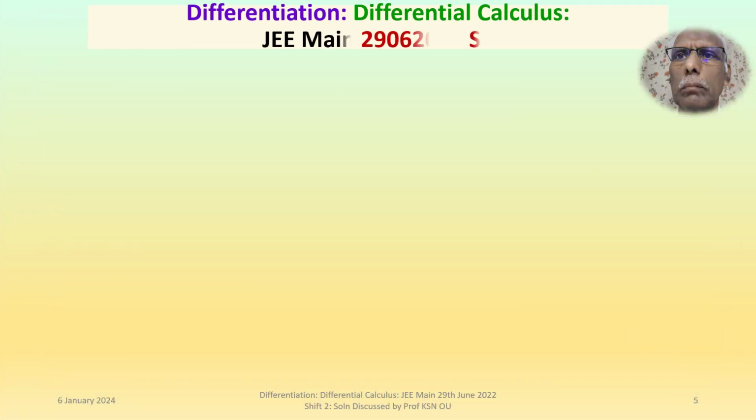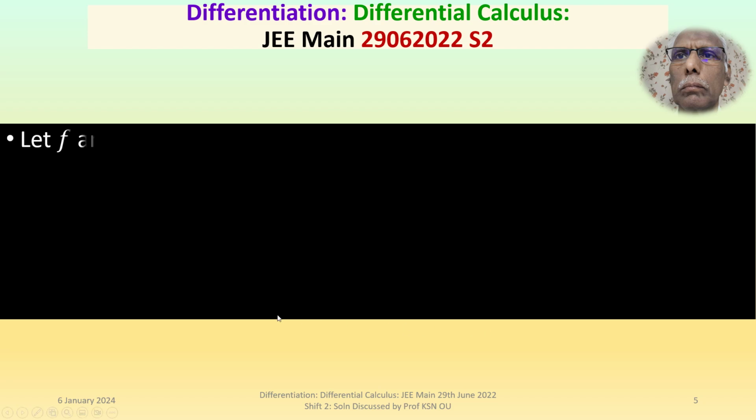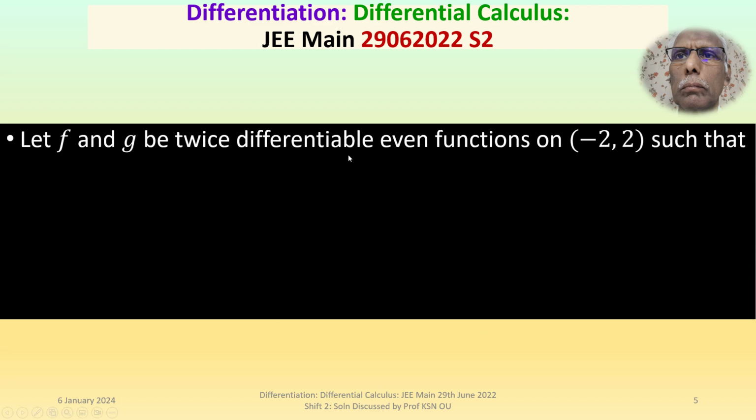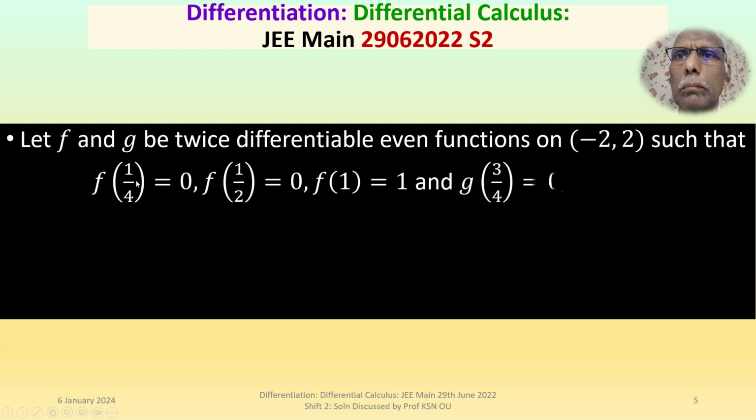The given question is: let f and g be twice differentiable even functions on the open interval -2 to 2, such that f of 1/4 is 0, f of 1/2 is 0, f of 1 is equal to 1, and g of 3/4 is equal to 0, g of 1 is equal to 2.